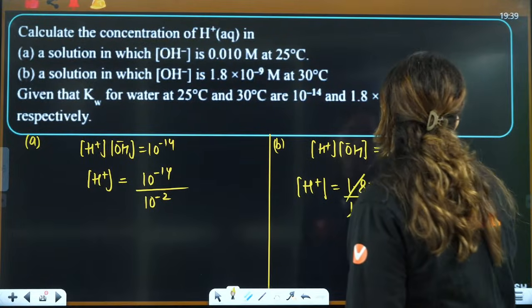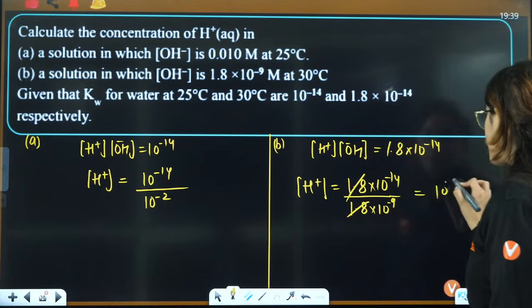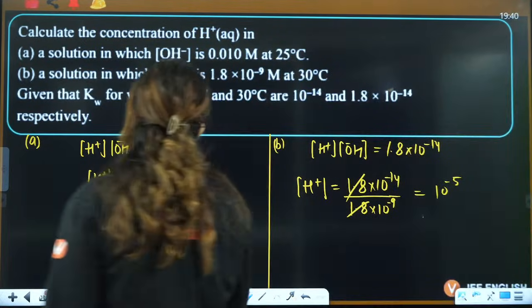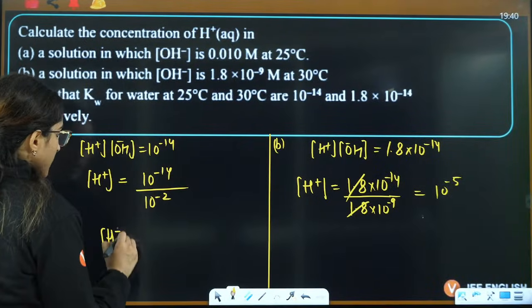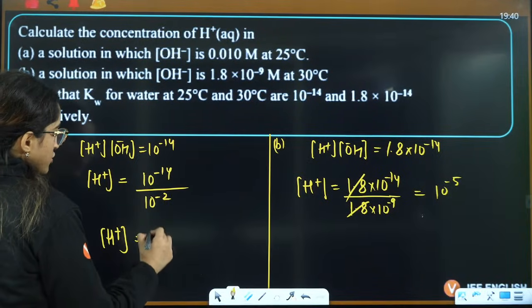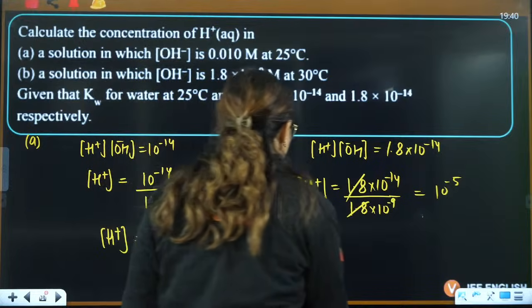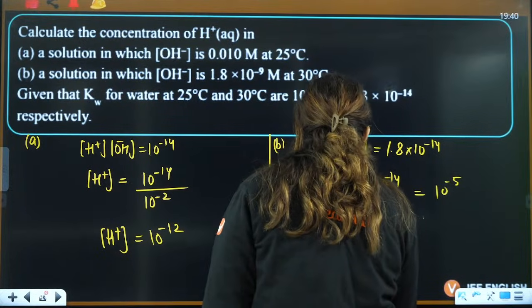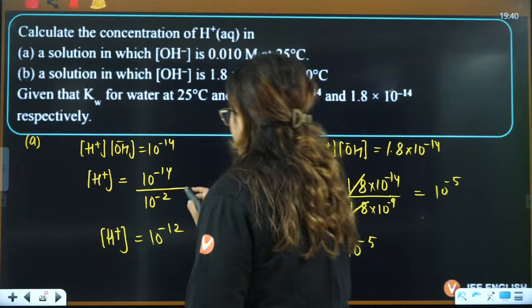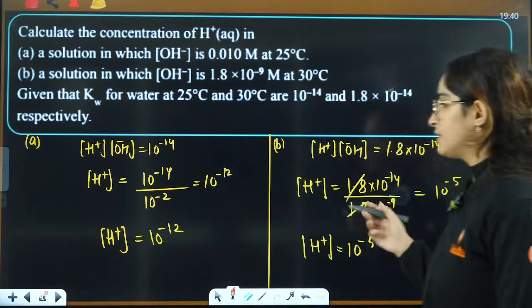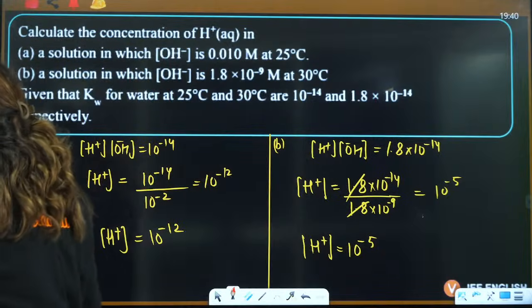Then this will be cancelled. This will be 10 raised to power minus 5, right? And H positive is going to be 10 raised to power minus 12, right? Is that clear? Simple, nothing big here, right?